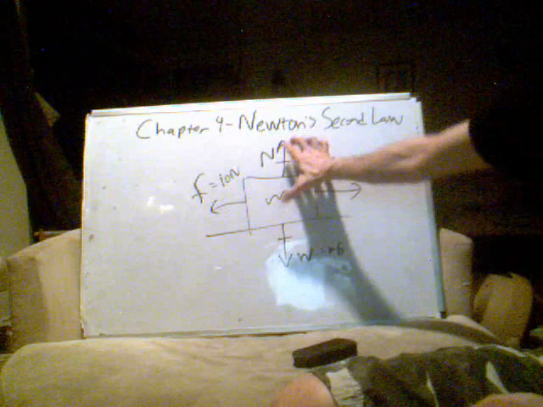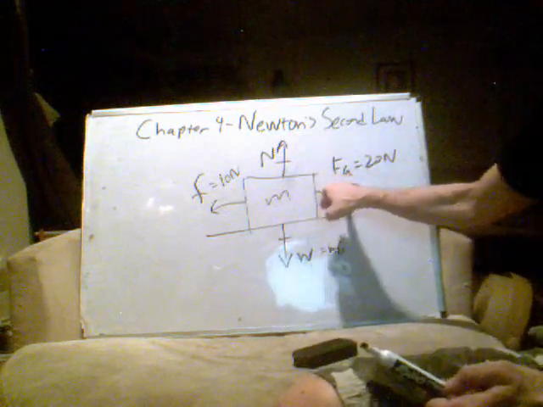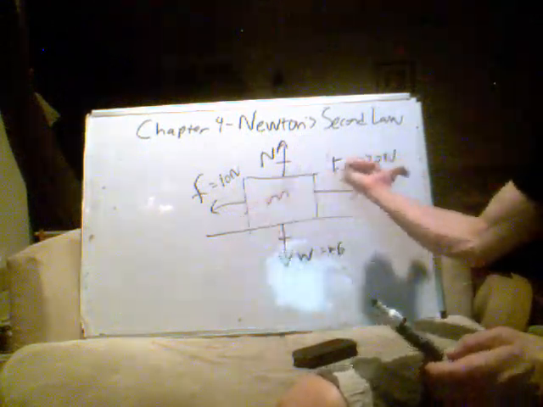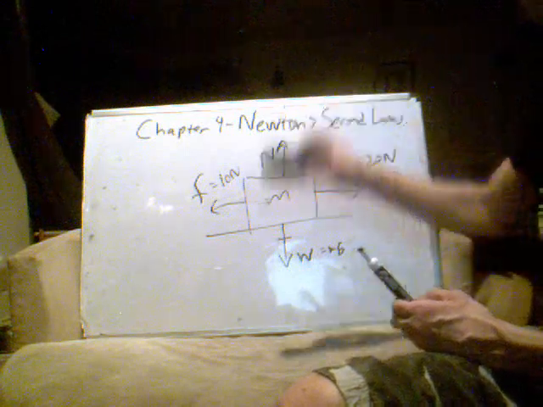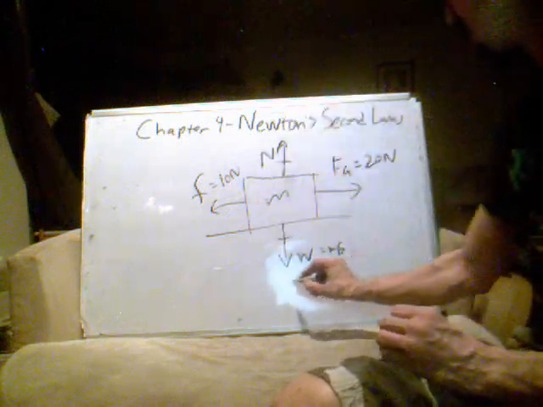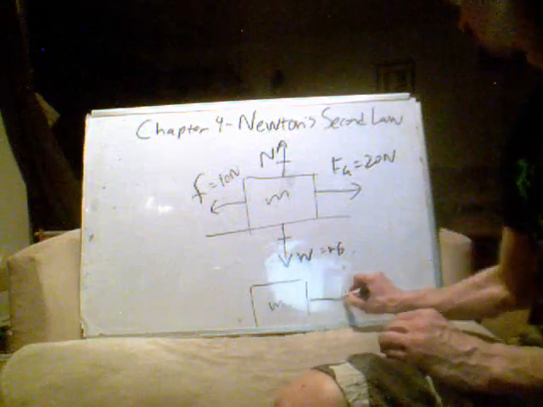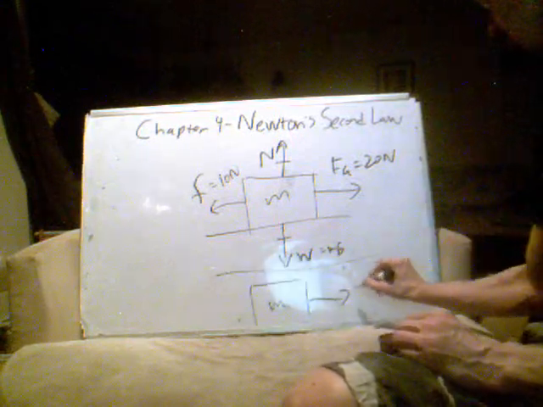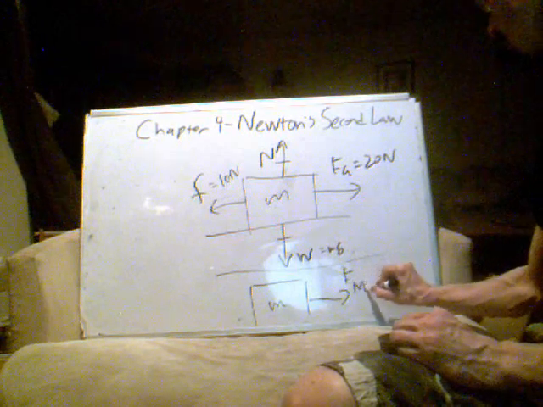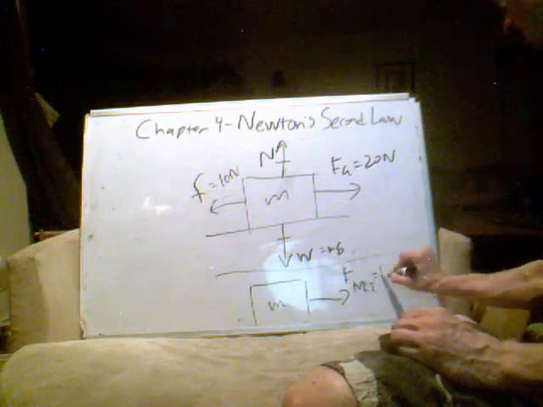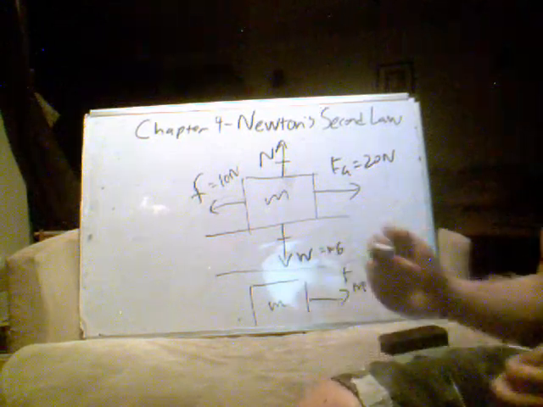Okay? These two add up to 0. This one is 20 newtons, this one is 10 newtons. So that means if we were to try to account for all of these, the net force is 10 newtons this way, right?